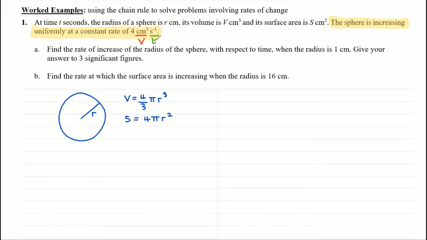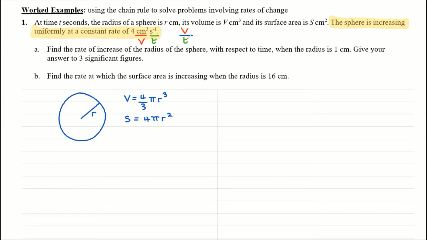So what that is telling us is we've got V over T as the unit. If we do a bit of what used to be called dimensional analysis, we've got a unit of volume over a unit of time, centimeters cubed per second, or s to the minus 1. Now that tells us what our derivative is going to be.